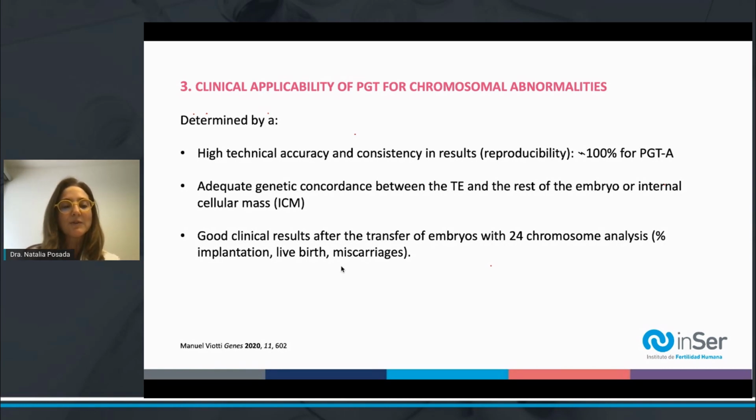There also has to be a good genetic concordance between the results of the trophectoderm biopsy and the rest of the embryo, or at least the internal cellular mass within the blastocyst, that is where the embryos will actually be produced. And finally, there must be good clinical results after the transfer of embryos that have undergone 24 chromosome analyses, that is good implantation, live births, and low miscarriage rates.